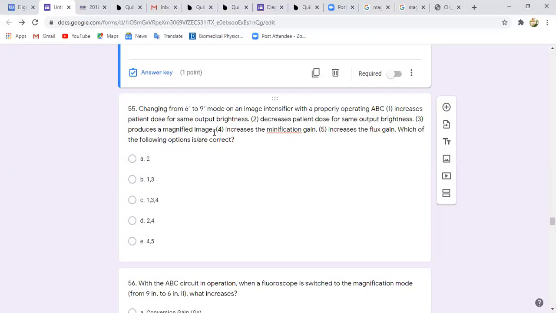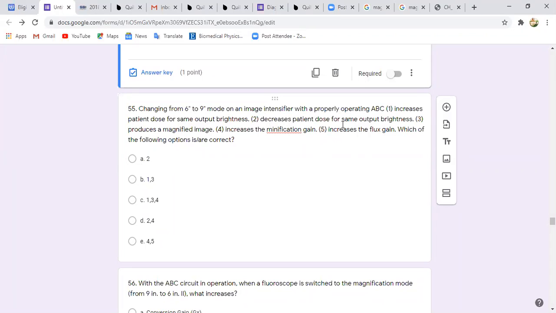Except a facility wants to overhaul the image intensifier they have in their hospital. If you want to change, you can. But of course, it is better to use a bigger image intensifier. So if we change from 6 to 9, we are actually reducing the patient dose. We are not increasing it.